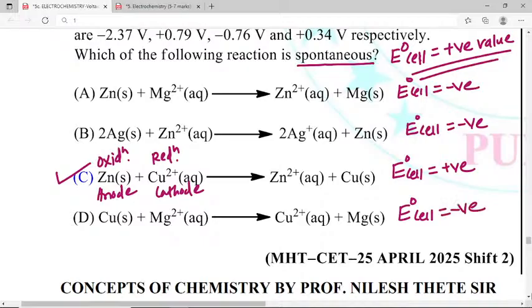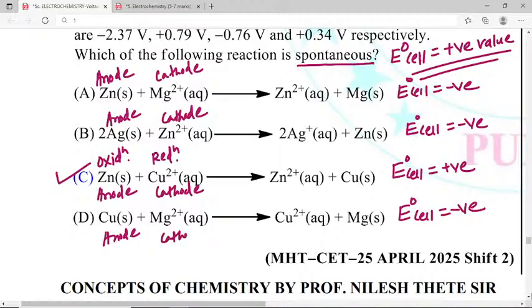Here zinc as anode, magnesium cathode. Okay. Silver anode, zinc cathode. Copper anode, and that's the magnesium cathode.